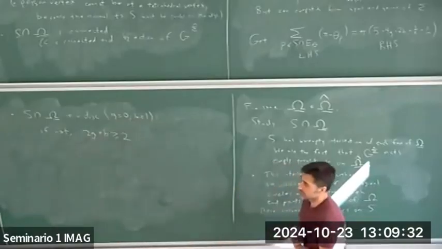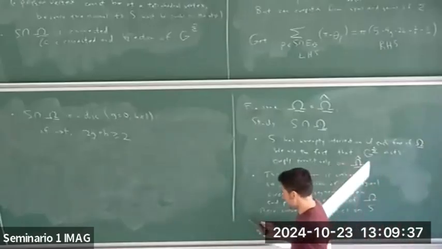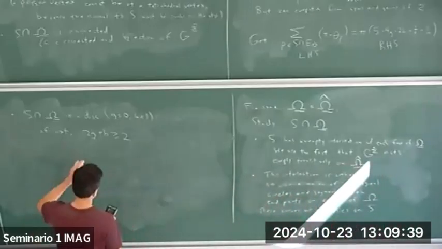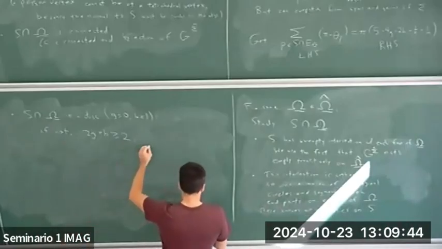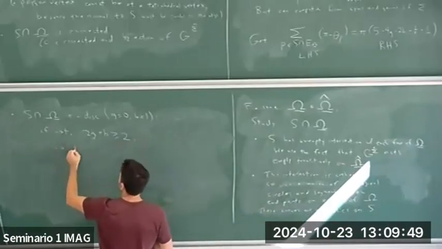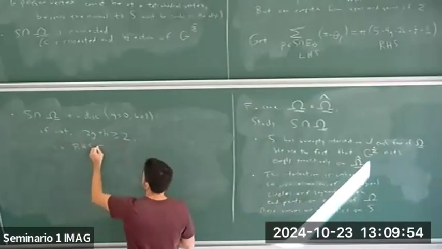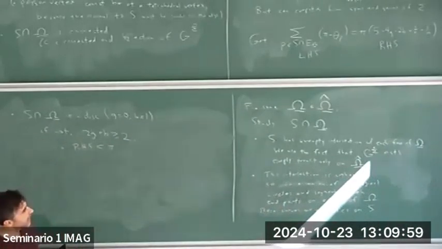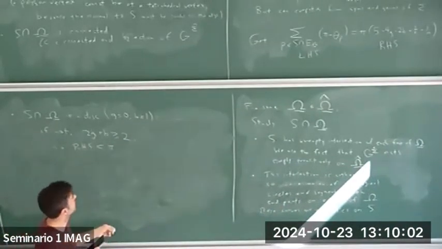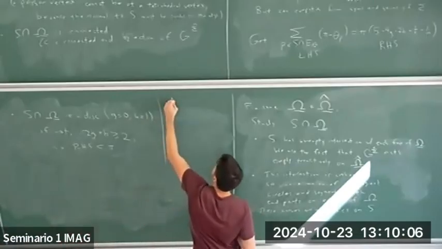If not, then I know that this quantity 2G plus B is going to be at least 2. So the right-hand side will be strictly less than pi.